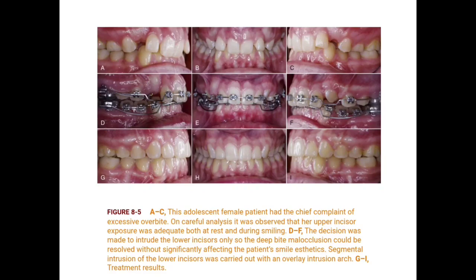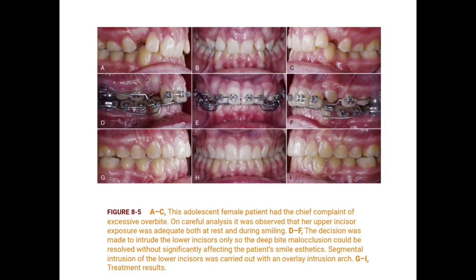In women, on full smiling, part of the gums can show because their upper lips are usually shorter than in men. There's more incisor display in smiling in women than in men. In females, you have 100% incisor display plus about 1 or 2 millimeters of the gingiva also showing. That's okay.